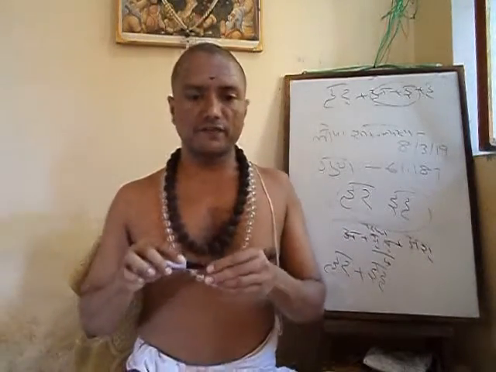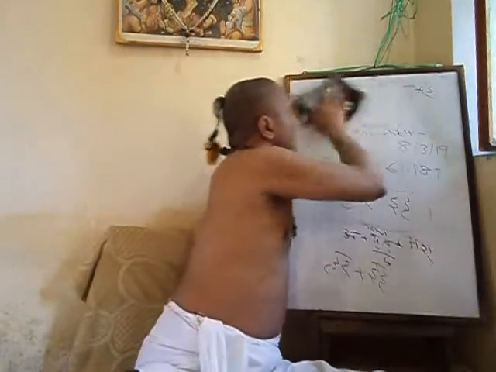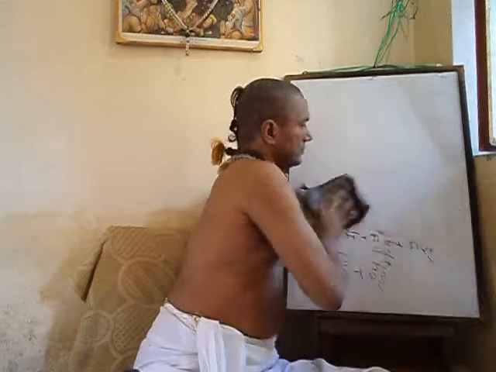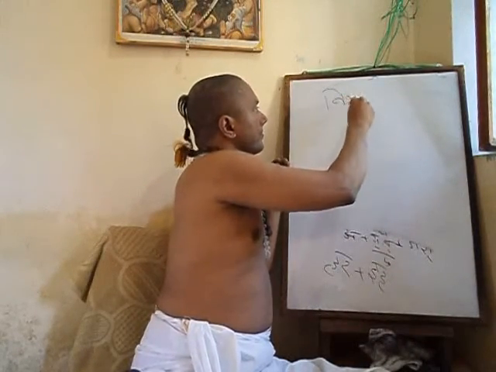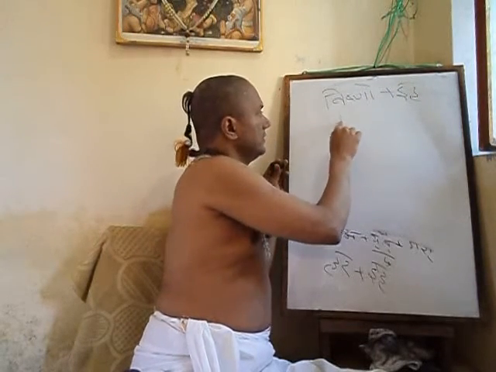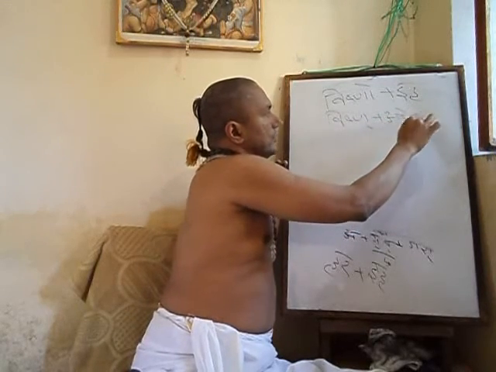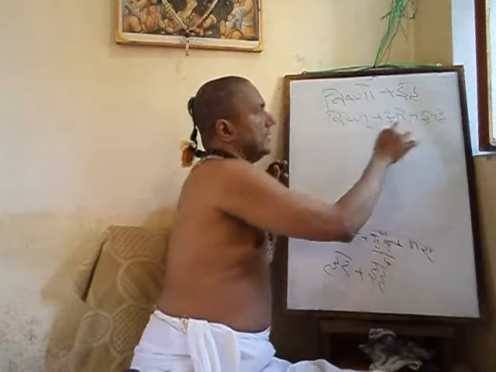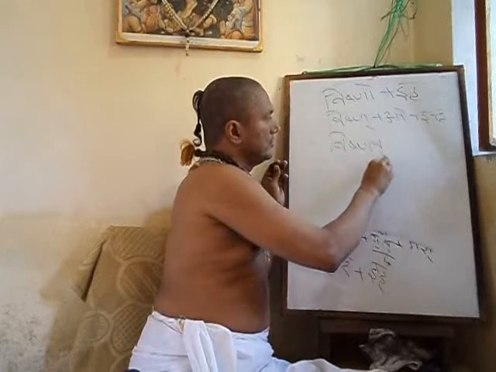That is why it is printed as Hara Iha. The same way we have Vishnu Iha. Vishnu plus Iha. I have Vishnu plus O plus E plus Ha. Again Ho Yavayavaha.